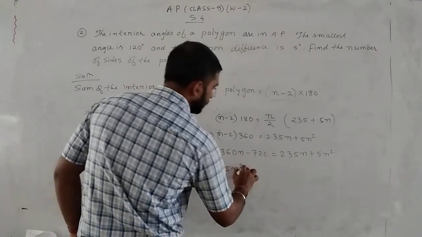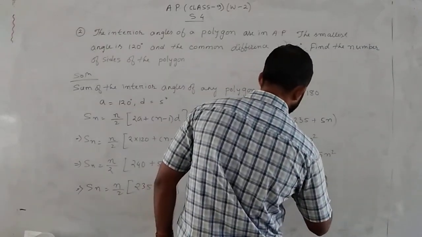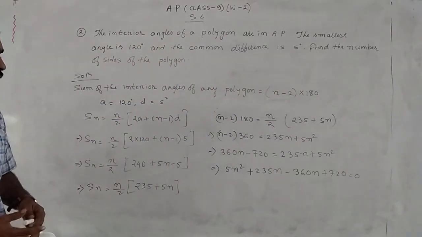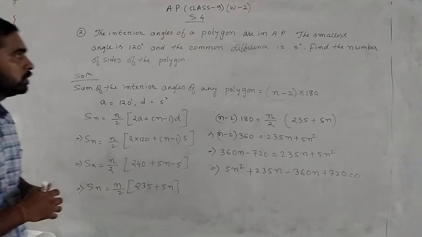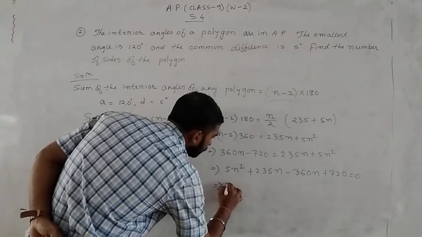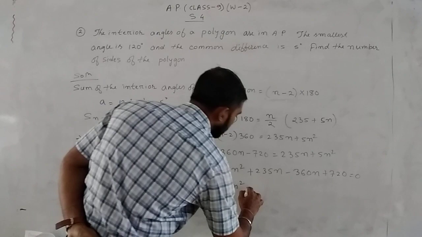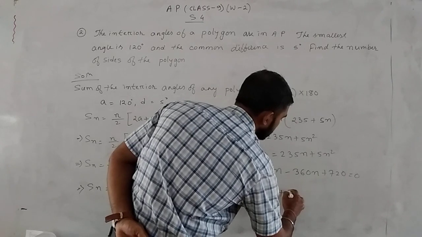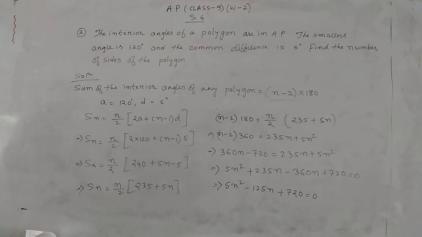So 5n square plus 235n minus 360n plus 720 equal to 0. 360 minus 235 equal to 125, so 5n square minus 125n plus 720 equal to 0.